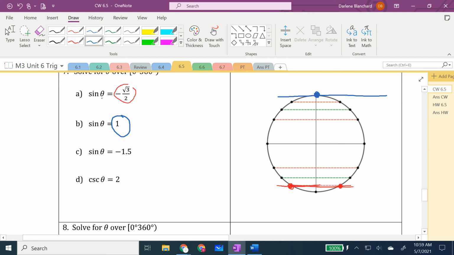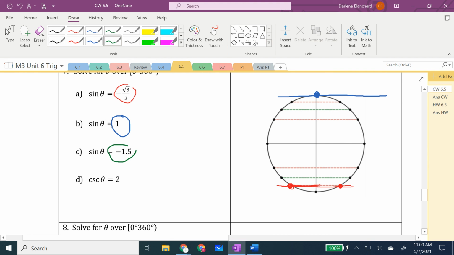But if you look at sine, solving sine equations as drawing horizontal lines at those y values, you can more readily see how you get only one solution when sine is equal to 1, whereas you get two solutions when it actually goes inside the circle. When your horizontal lines go inside the circle, you get two solutions. So this is 90 degrees only.